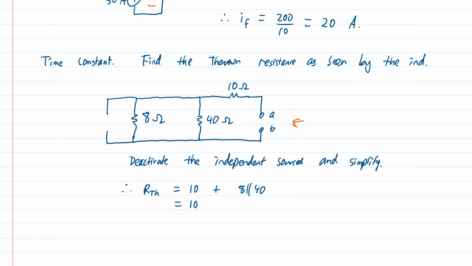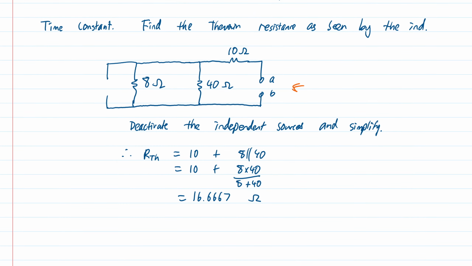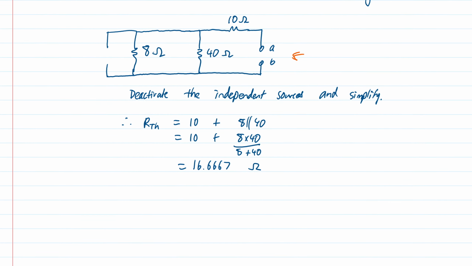So that would be 10 plus, so the product divided by the sum, 10 plus, so 8 times 40, divide 8 plus 40. That is 16.6667 ohms for my Thevenin resistance.